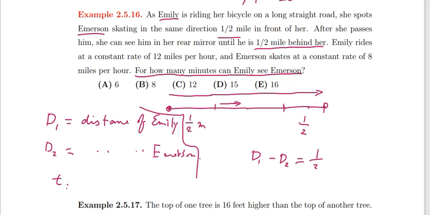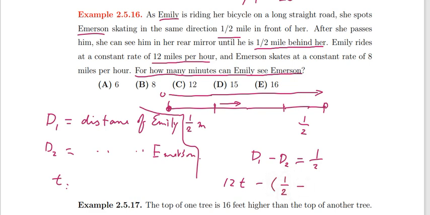So d1: the speed is 12 miles per hour, so after the time t it is 12t, right? So this is d1, minus d2. We start from here, where she already has this half mile, right?